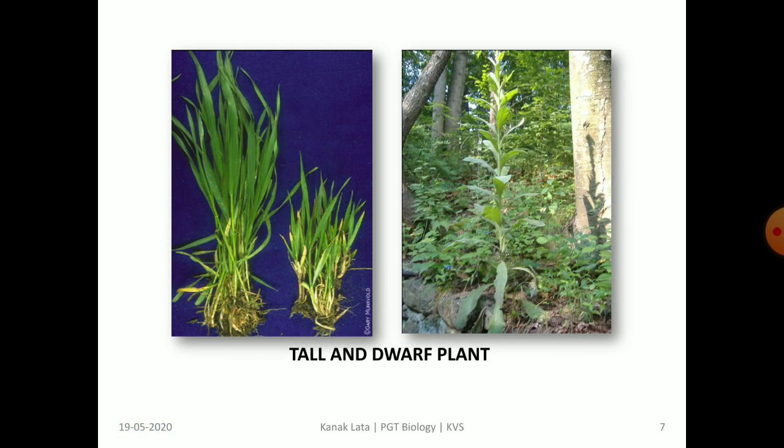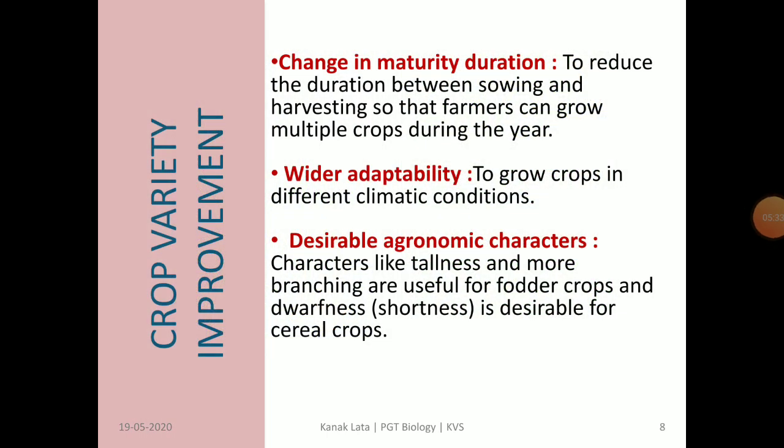The given figure shows a tall and a dwarf plant. You can observe the differences between these two types of plant. Due to crop variety improvement, we can also change the maturity duration of a crop.